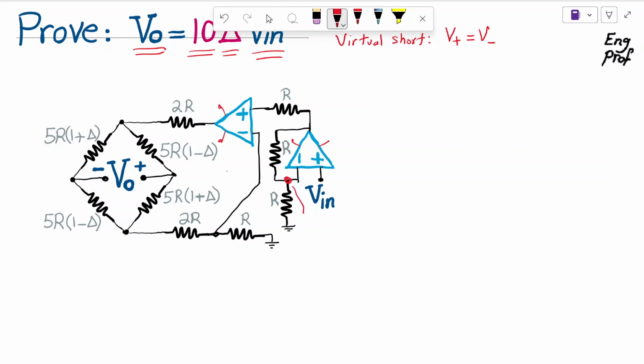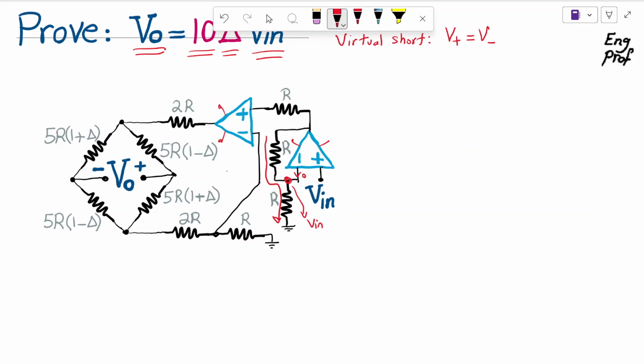So this voltage here is Vin. And as a result, the voltage drop across R is Vn because it is grounded. If you have another R, the current flowing through these two resistors is the same current, because nothing can go through the input terminal of the ideal op-amp.